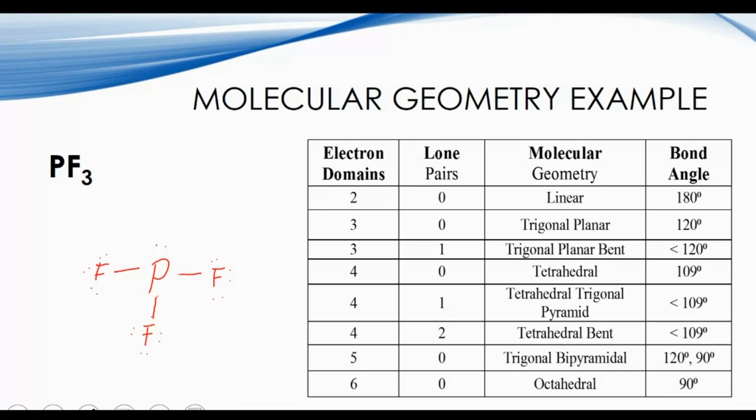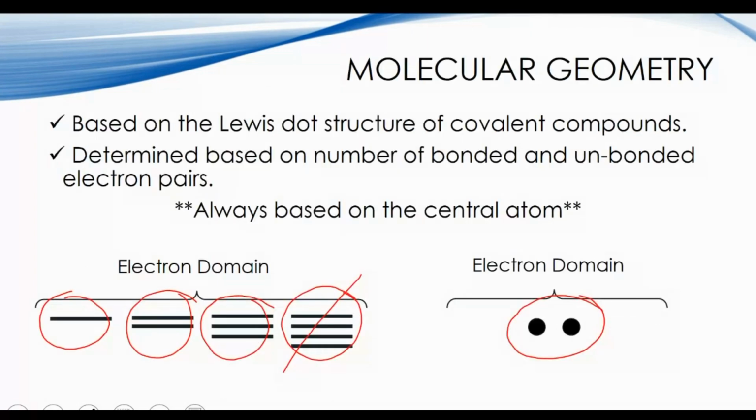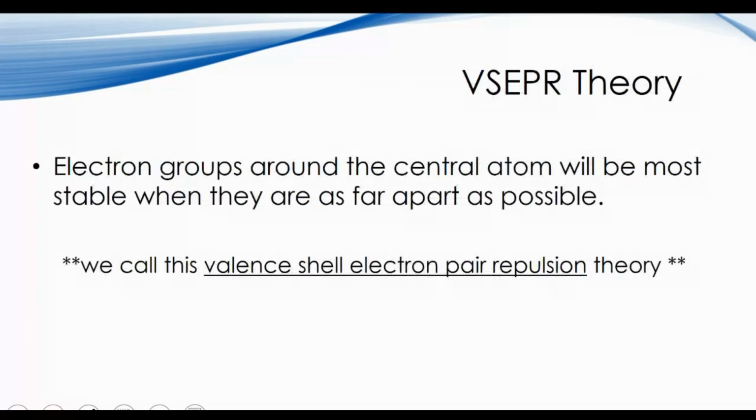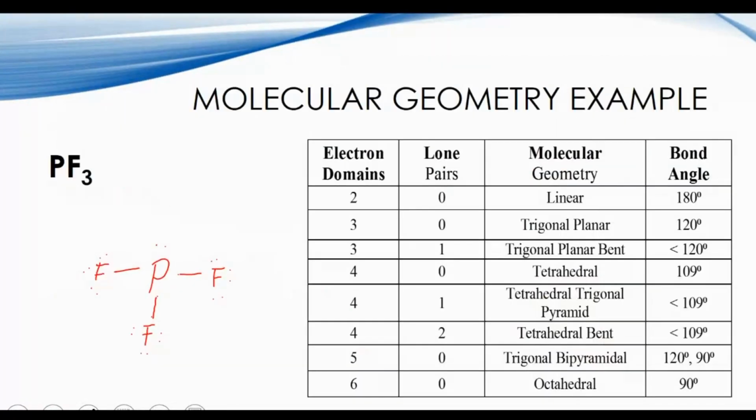Now what we have here is the Lewis dot structure for phosphorus trifluoride. We have to look at the number of domains that we have and how many lone pairs are on the central atom. Please remember, we are looking at the molecular geometry on the central atom, so we're just going to focus right now on phosphorus. Let's count how many domains this particular molecule has.